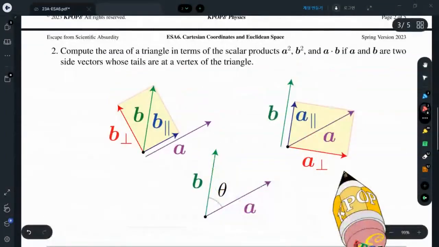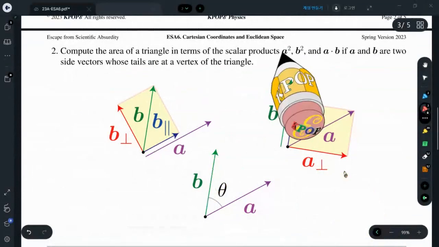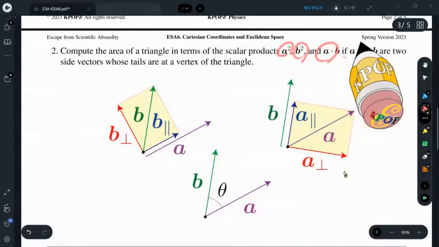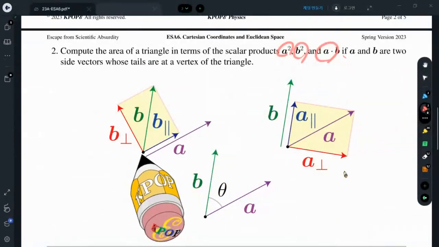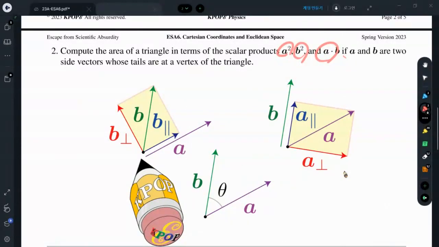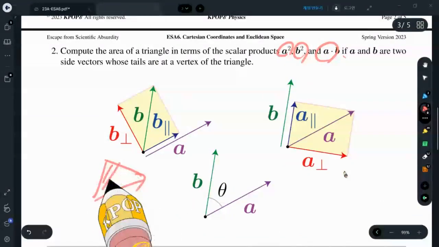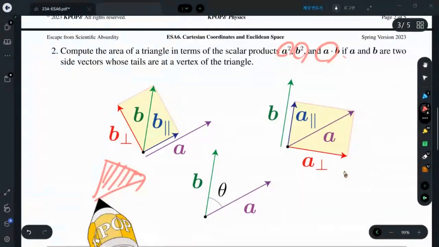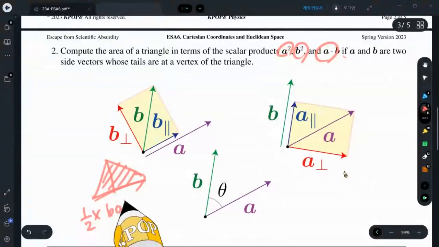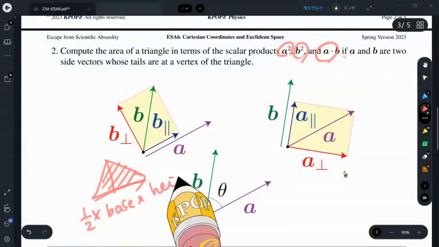Compute the area of a triangle in terms of scalar products. Using these, we can compute the area of a triangle. This is a triangle, so the area is one half base times height.